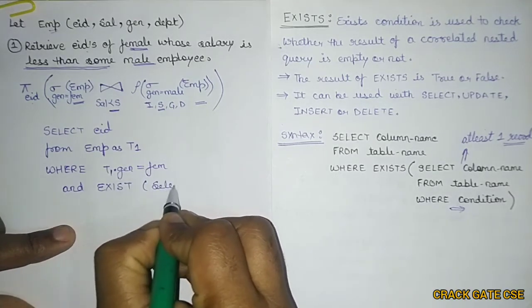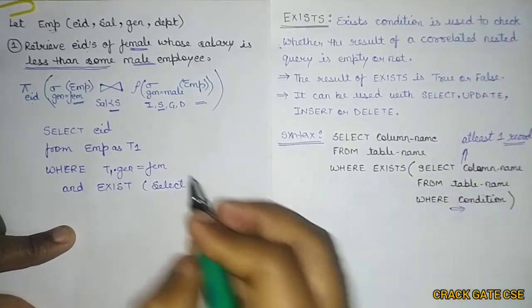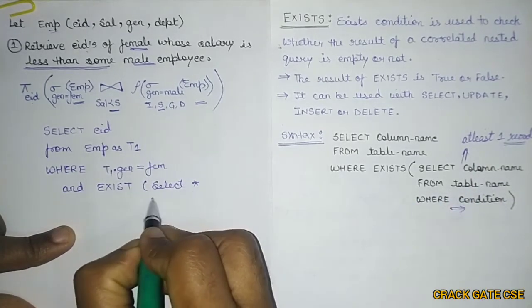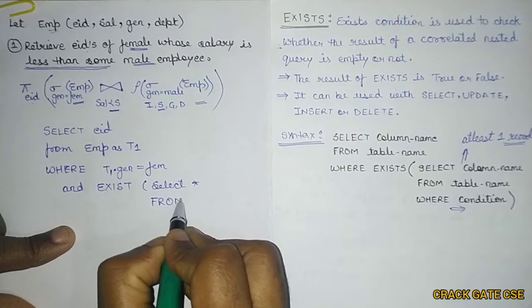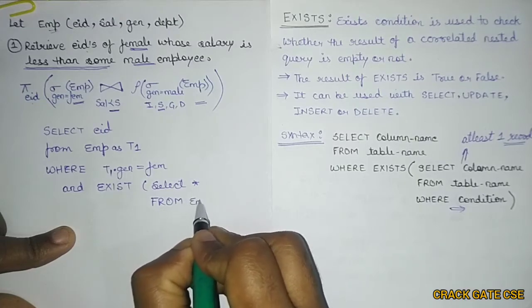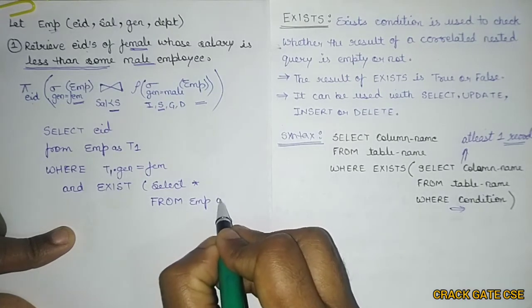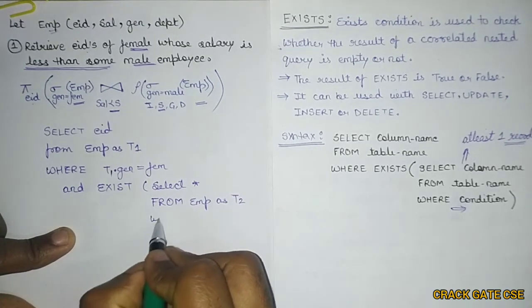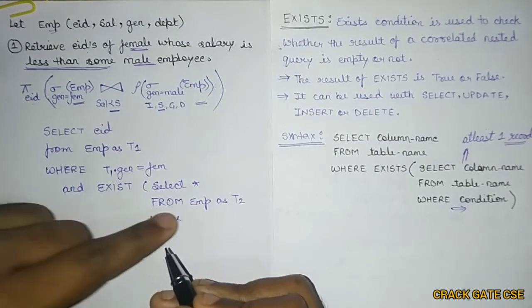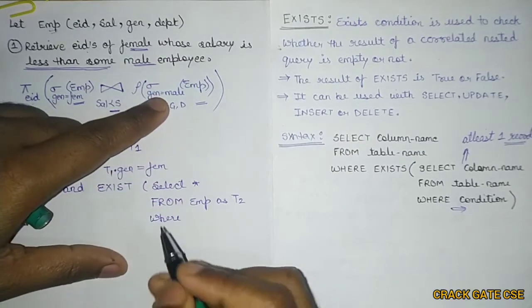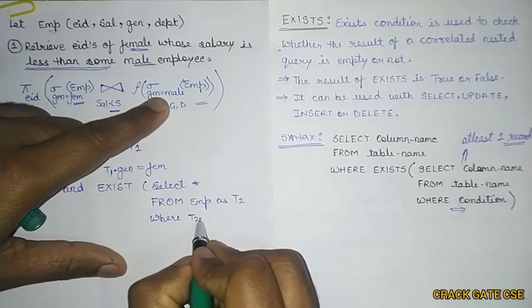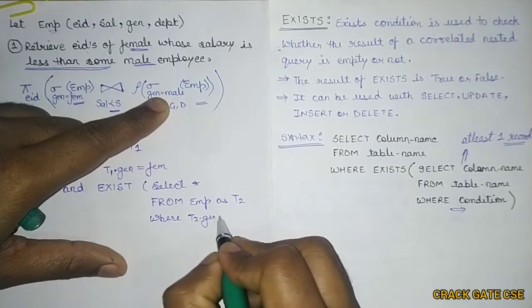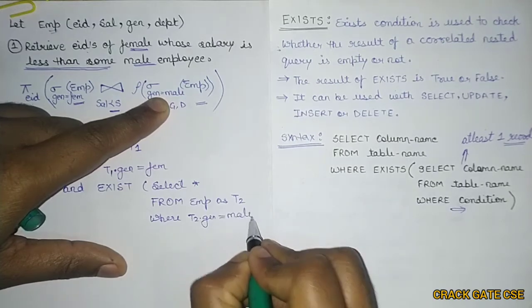Now, same thing, select star from employee, and I am renaming this employee table as T2, where, so this is the right hand side table. So I have to satisfy this gender condition. That means T2 dot gender has to be equal to male.